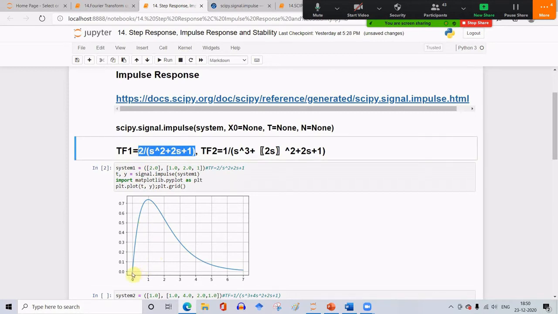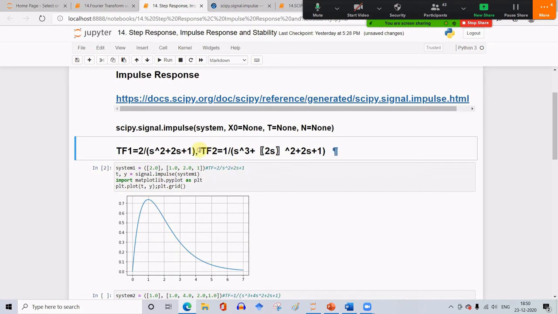You see here, it starts from 0, reaches a maximum and then goes to 0 as time progresses. The transfer function has 0 initial conditions, that is how we define the transfer function. So when you give an impulse at time t equal to 0, whatever the response it gives, for a stable system, it must die down to 0.